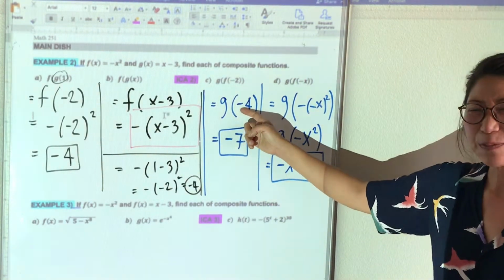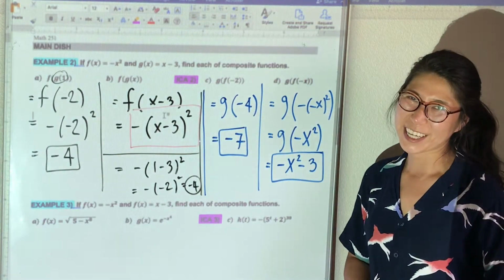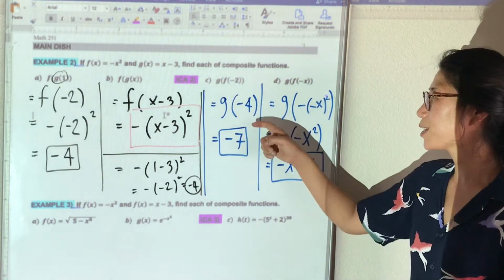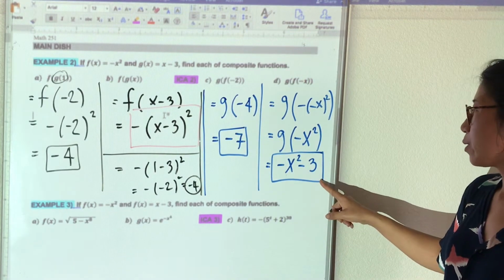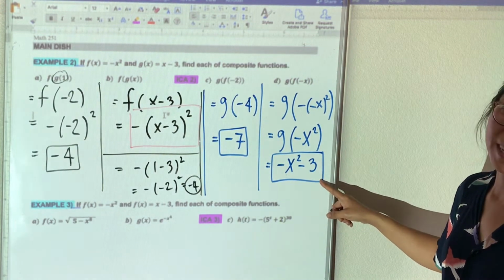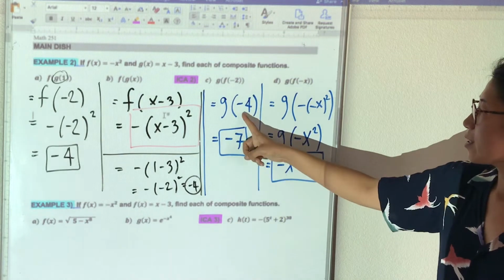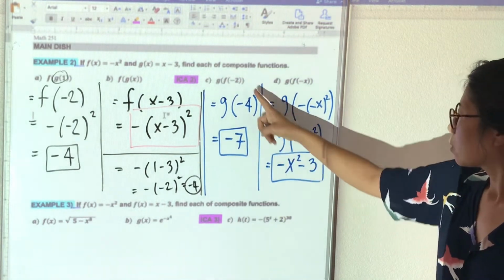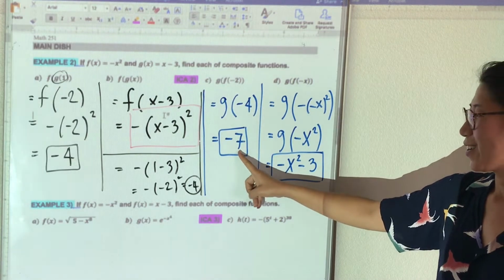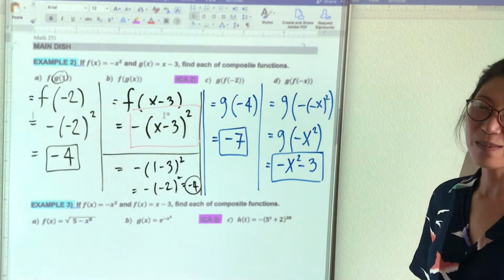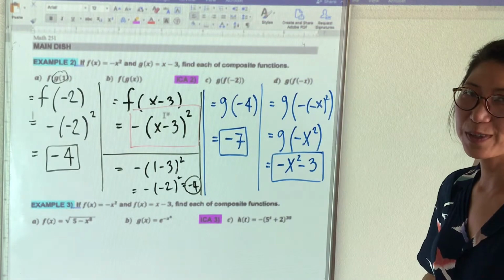That's an easy mistake that I notice my students make, so I just wanted to mention it one more time. And then d as a function, you can actually program it as negative x squared minus 3. Then when you plug in negative 2 in this one, you will see that you get the same answer as negative 7 in here. If you got the correct answer, good job. If not, you can practice one more time with your homework.